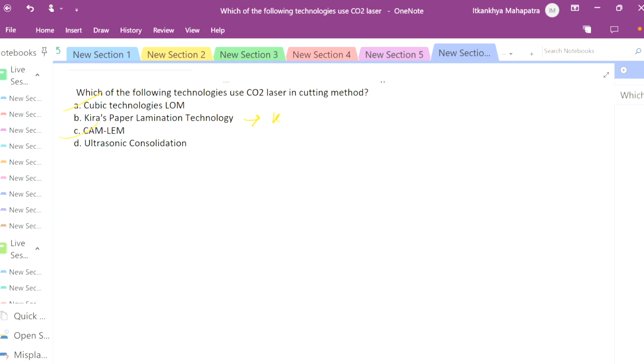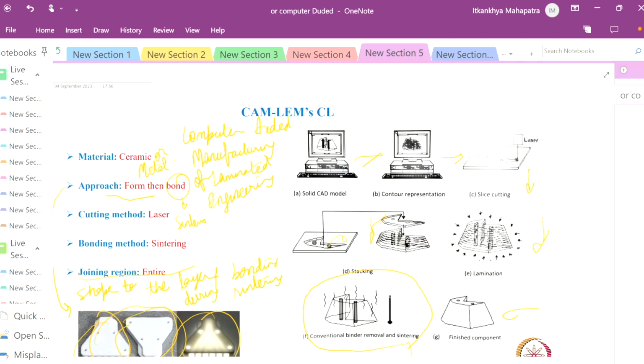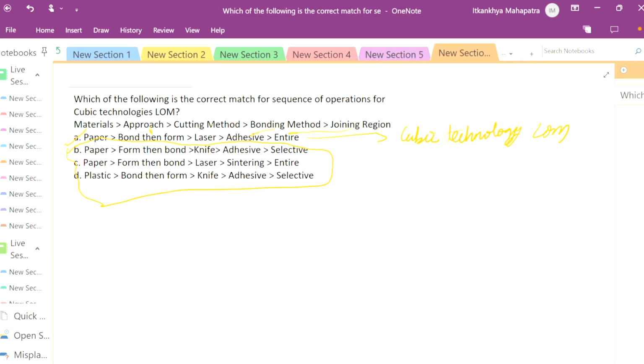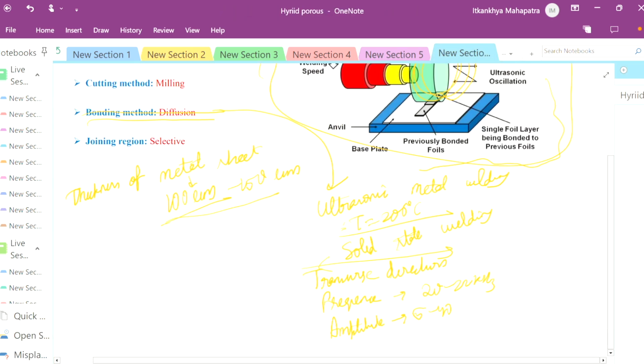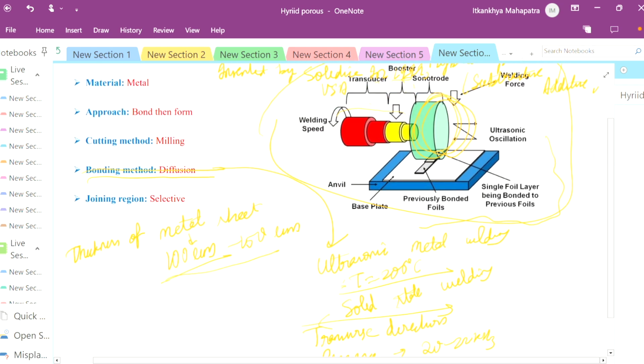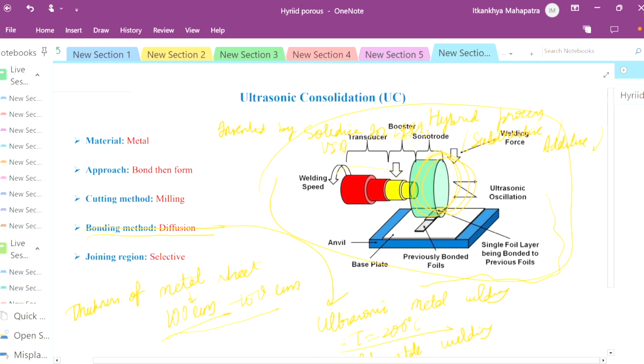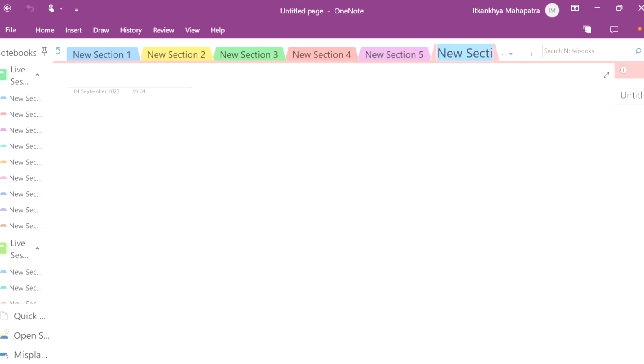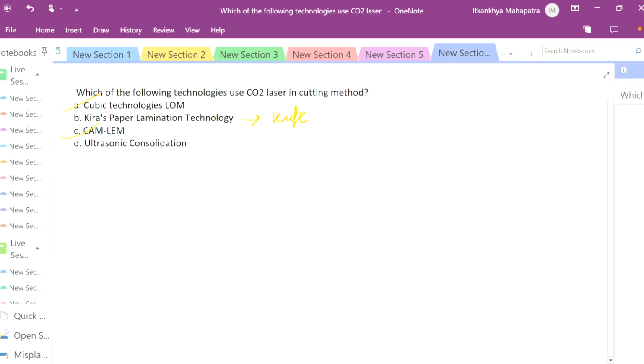This uses knife, and ultrasonic consolidation also uses the cutting method of milling.